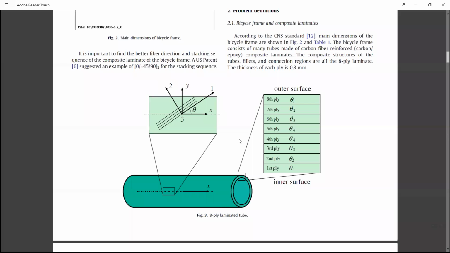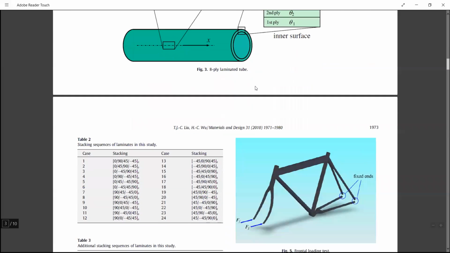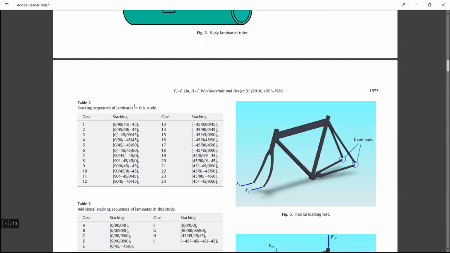So thickness of each ply is 0.3 mm. Okay, so thickness of each ply is 0.3 mm he has taken. So it is 8 plies, multiplied by each thickness. So what they have done, stacking sequence of laminates in this study.